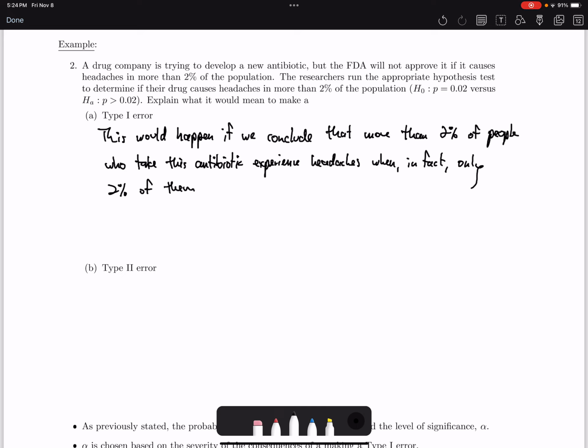You could even say 2% or less, right? Okay, so that's a type 1 error.